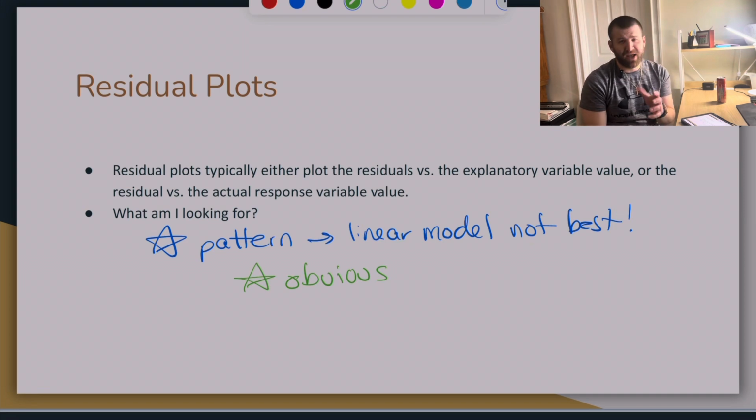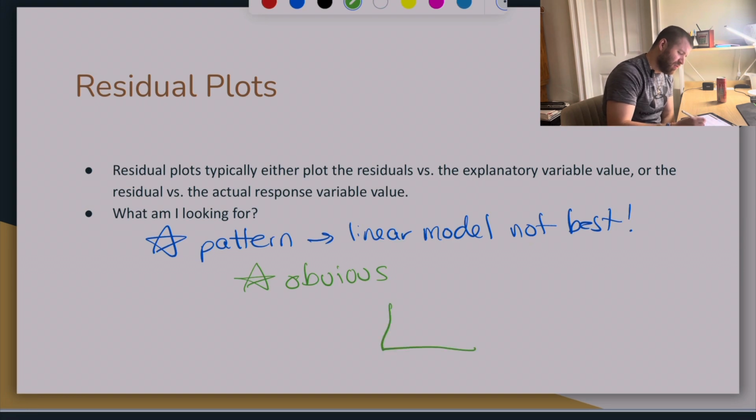Essentially, if there's no pattern, what you're looking for is roughly the same amount of data points above zero and below zero, and no clear cutoff point for where everything is negative and then everything is positive. So, to give an example of that, no pattern would just be something that kind of looks like this. Very simple.